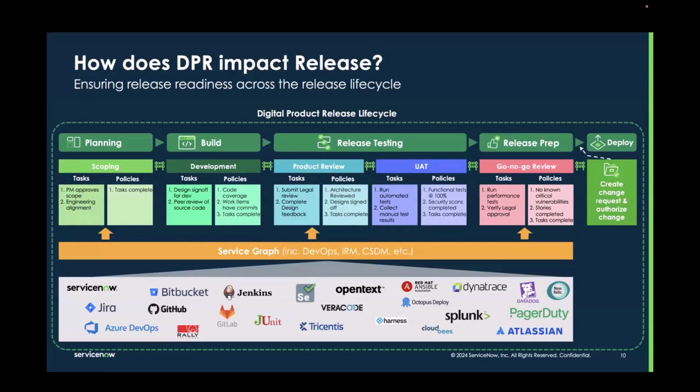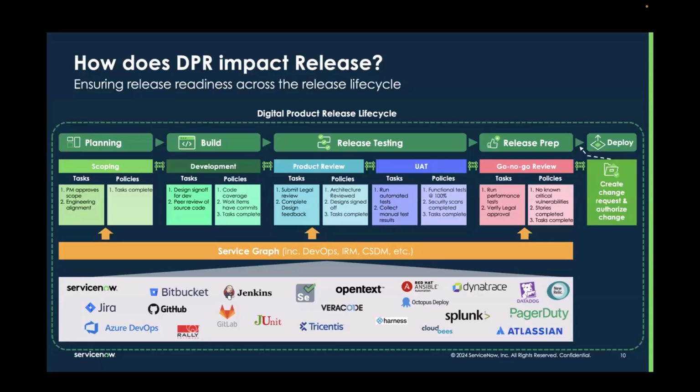Could have had another poll question just to see if people are familiar with DevOps change velocity. But we leverage the same integrations that DevOps change came with in order to pull data in from a variety of sources, or leveraging just ServiceNow's inherent ability to integrate with systems to pull in information.